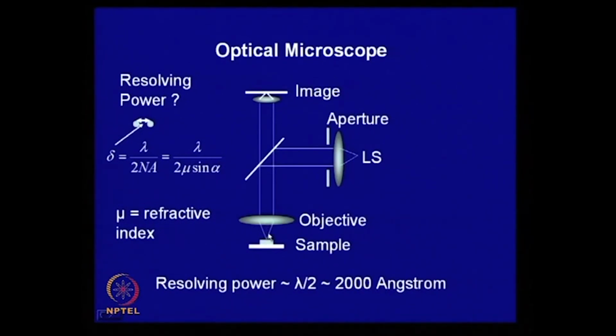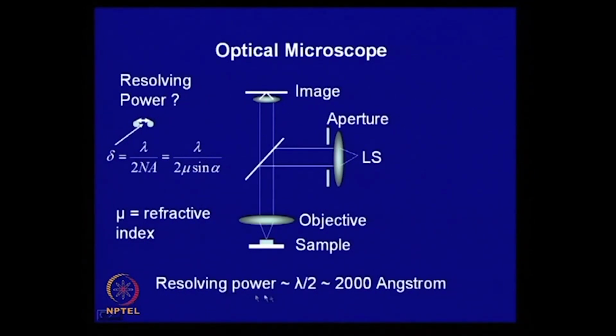Now, the maximum angle can be 90 degrees. In that case, the objective will virtually be touching the eyepiece. So, this is the limit. If it is possible to reach that, then the sine term is one. Basically, the resolving power has a direct relationship with the wavelength that you use.